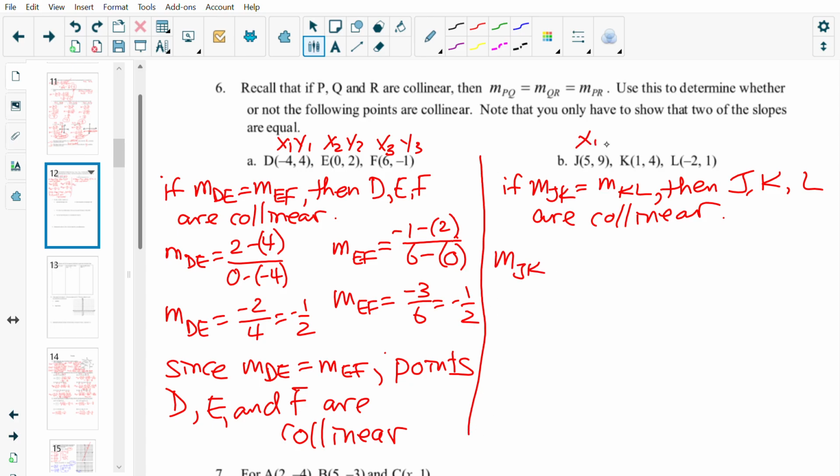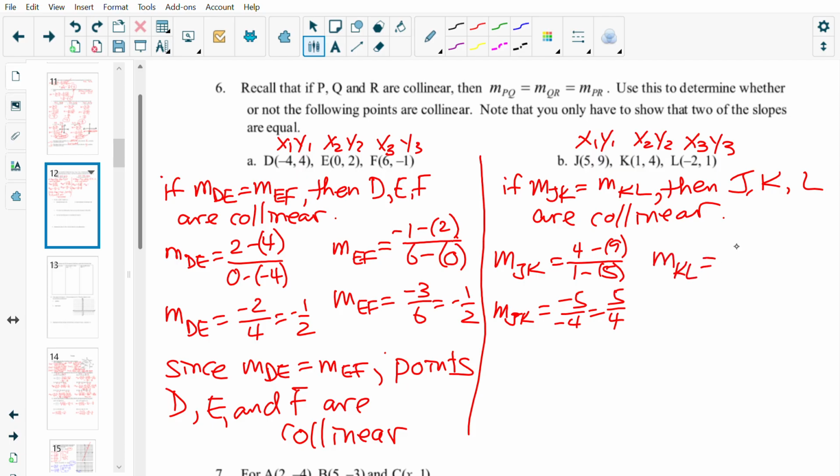What's the slope of JK? x1, y1, x2, y2, that's x3, y3. So for JK, that is 4 minus 9 divided by 1 minus 5. Slope of JK equals negative 5 over negative 4, and that equals 5/4.